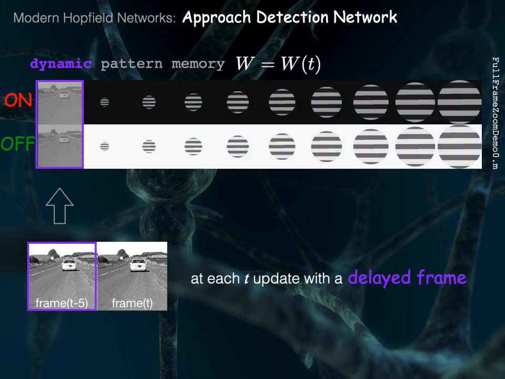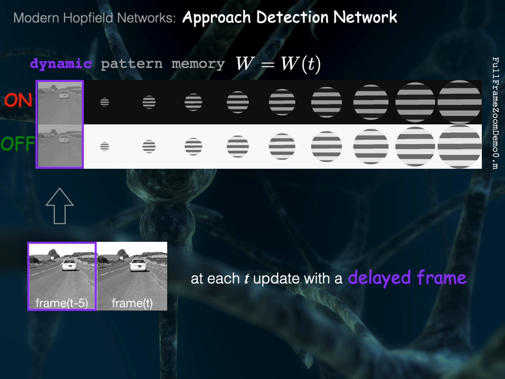Apart from the scaled disk images, we also store a video frame. But this wouldn't work either if the stored video frame was the current frame. So instead of the current video frame, we store a delayed video frame. The frame that is stored in this example is 5 time steps behind the current video frame.